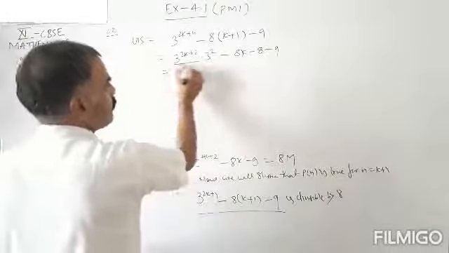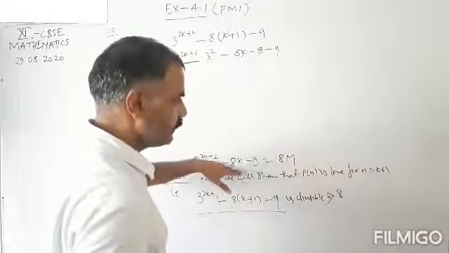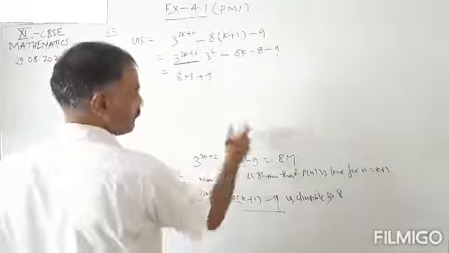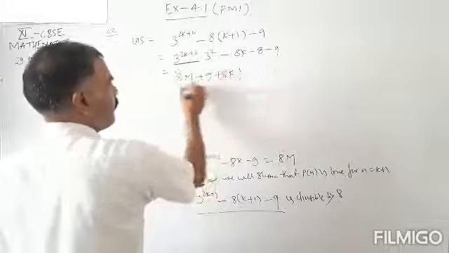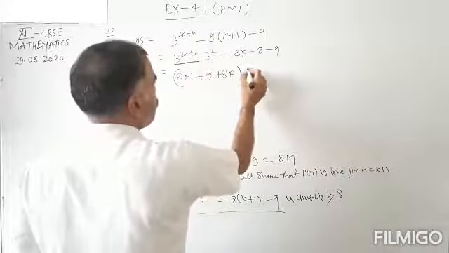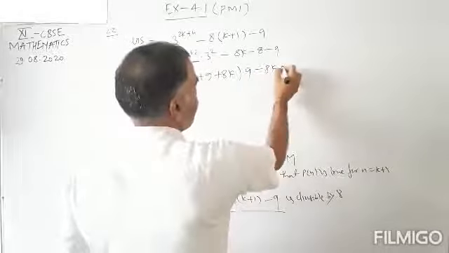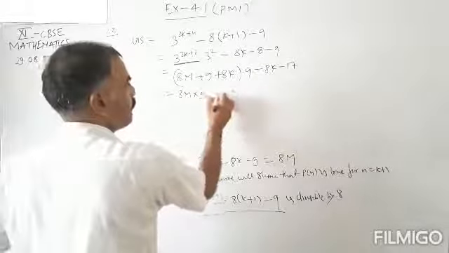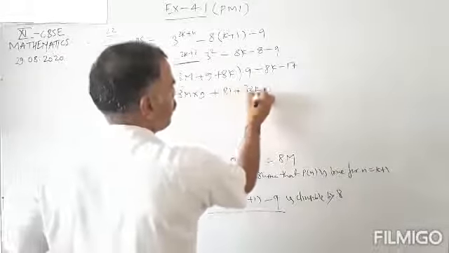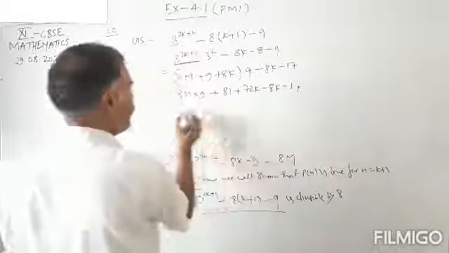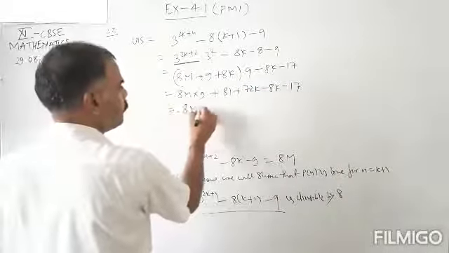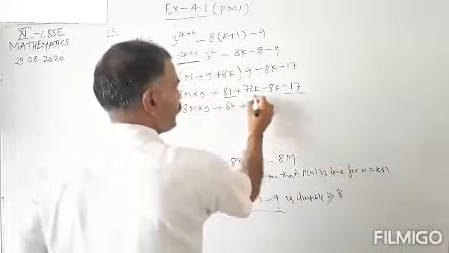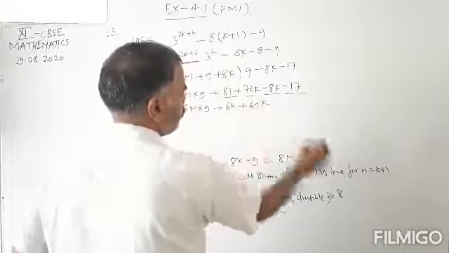Now write this from the assumption step: 8m plus 9 plus 8k, multiplying by 3 to the power 2, that is 9, minus 8k minus 17. This equals 8m into 9 plus 81 plus 72k minus 8k minus 17, which is 8m into 9 plus 64 plus 64k.